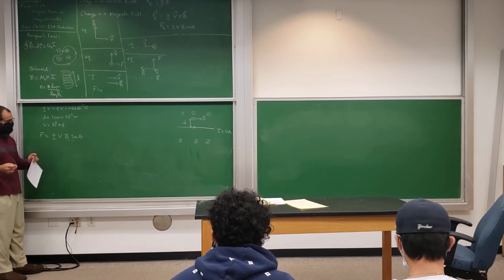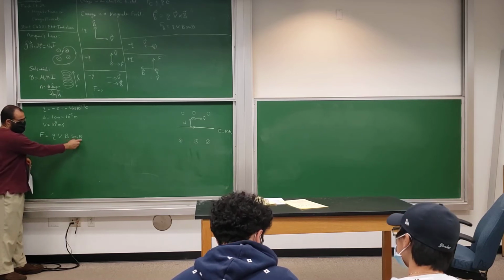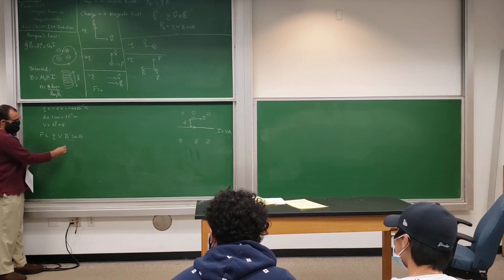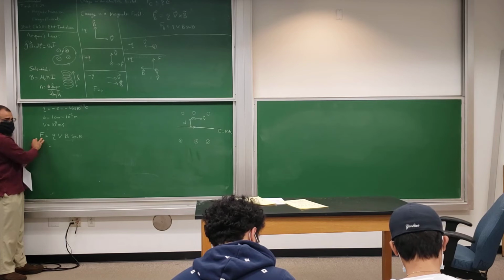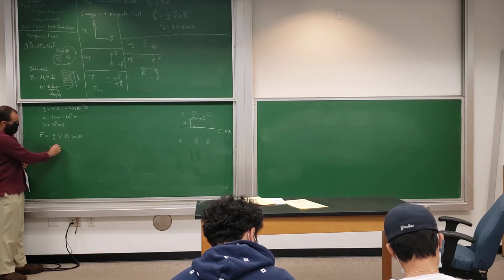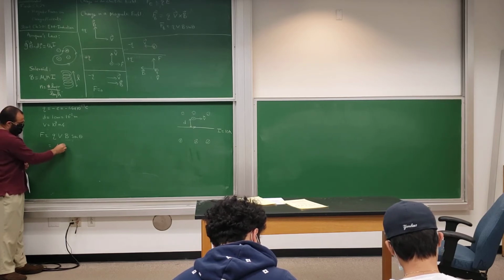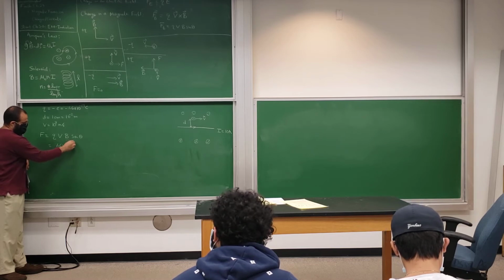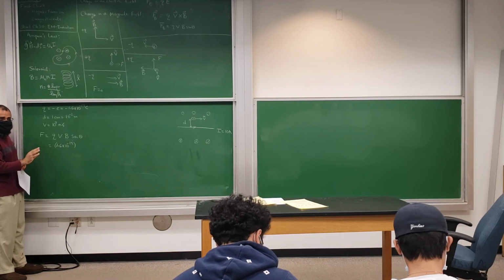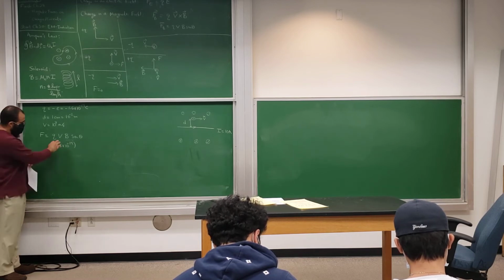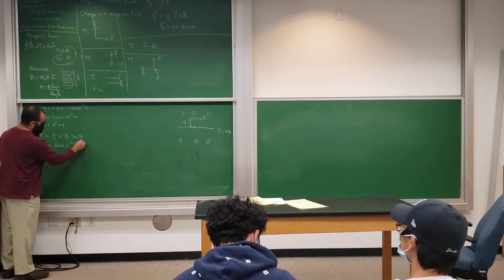They make a 90-degree angle, so sine of 90 is 1. So we get QVB. The charge is 1.6 times 10 to the minus 19. Why isn't there a minus sign? Because I figured the direction. I'm just looking for the magnitude. The velocity is 10 to the 7th.